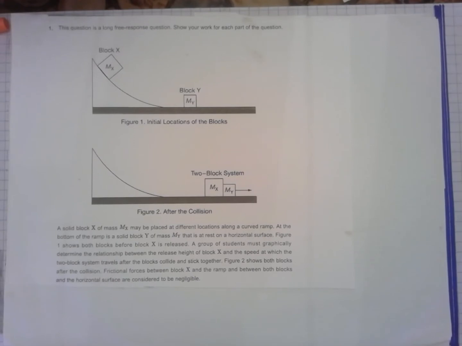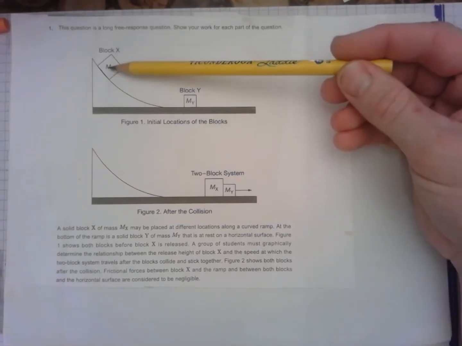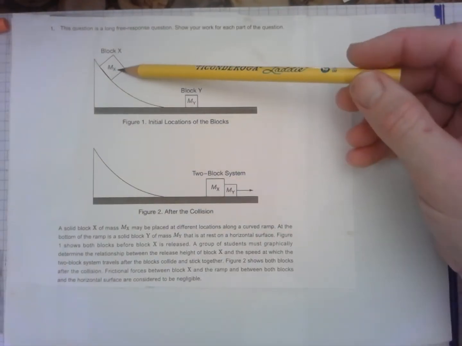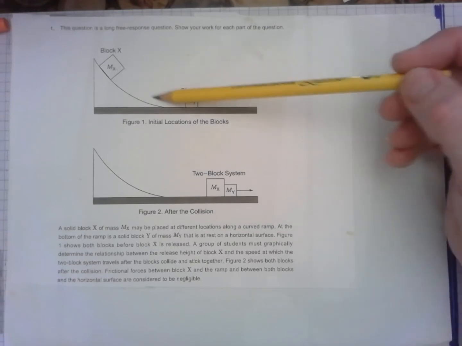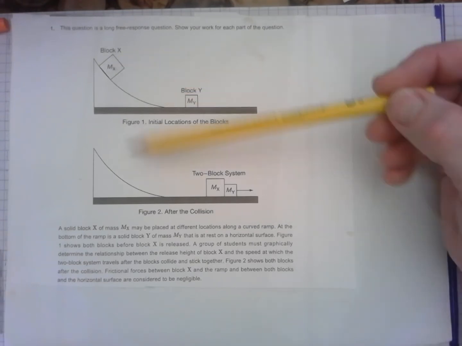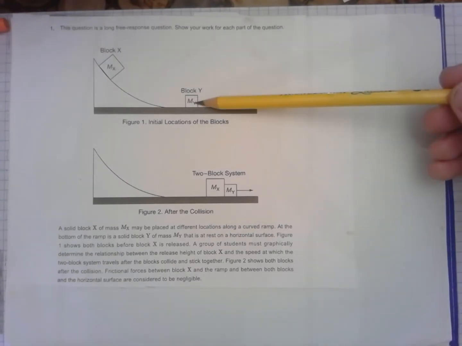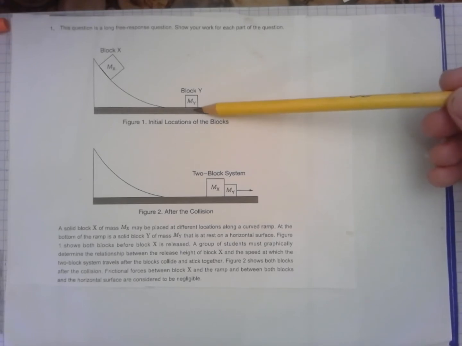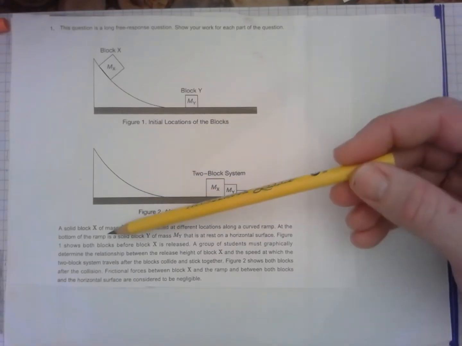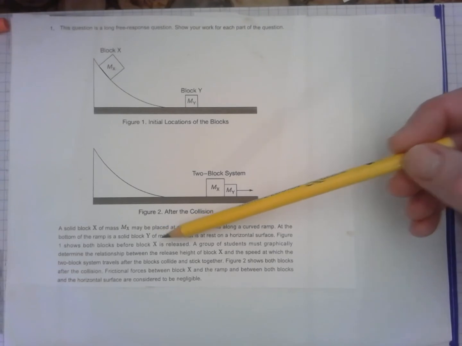So we have a solid block X of mass mx that may be placed at different locations along this curved ramp. At the bottom of the ramp is a solid block Y of mass my that is at rest on the horizontal surface. Figure 1 shows both blocks before block X is released.